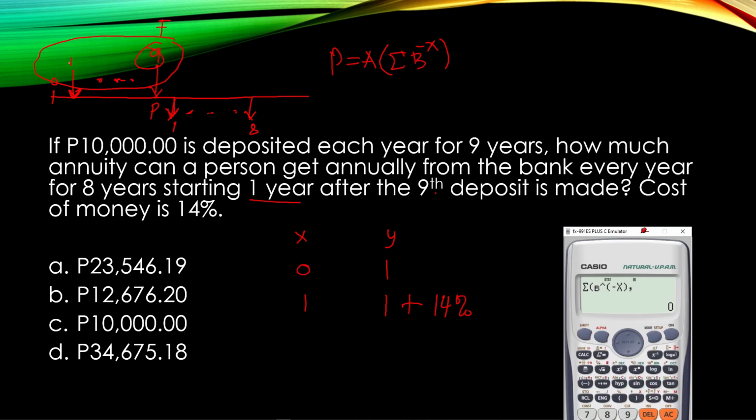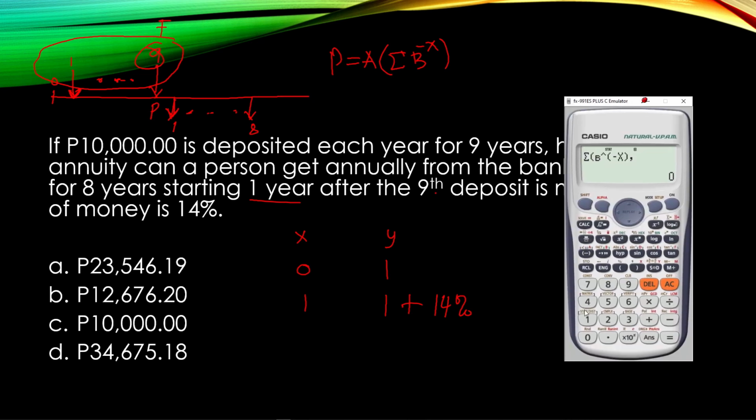Yung deposit natin is from 1 to 9. Kitang-kita, no? Sa ating cash flow. So, from 1 to 9. Press equals. Then, multiply natin by the annuity which is 10,000. Ito, binigay niya. So, times 10,000. 49,000. Yun yung present amount ng money.